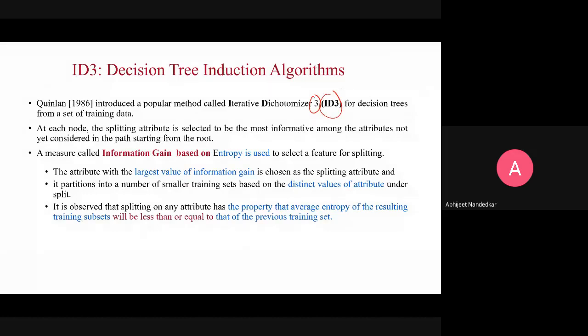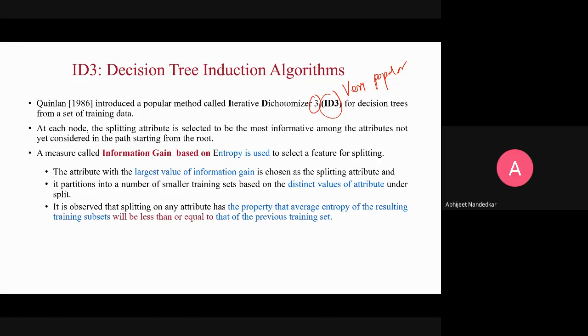This is a very popular algorithm for construction of decision trees. At each node, the splitting attribute is selected to be the most informative amongst the attributes not yet considered in the path starting from the root.